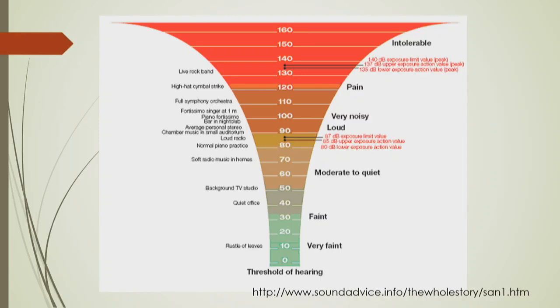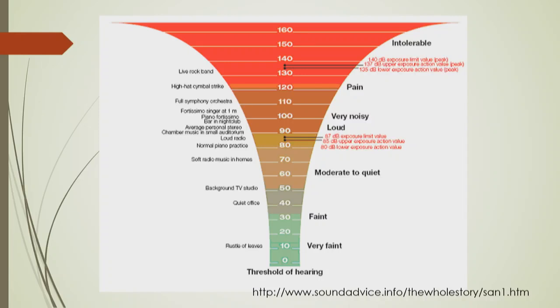You have to have an action level at 85 decibels. So if I'm standing right next to a pump, a compressor, a generator, a loud piece of equipment, and I have somebody standing right next to me, if I have to raise my voice in order to be heard over that equipment, you're probably right at 85 decibels.